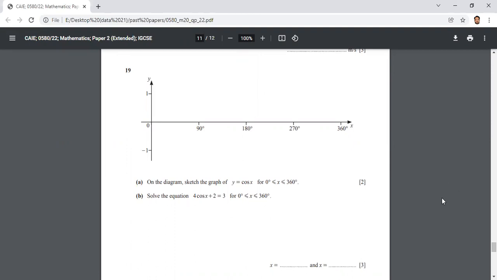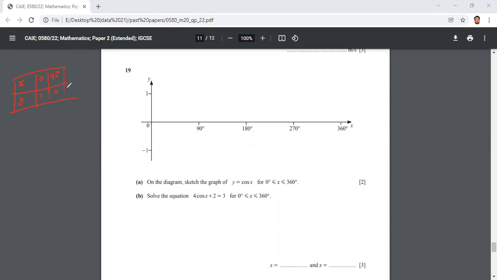You must know cos 0, cos 90, cos 270, like that. This is x and this is y, where y is equal to cos x. Cos 0, we know it is 1. Cos 90 is 0.